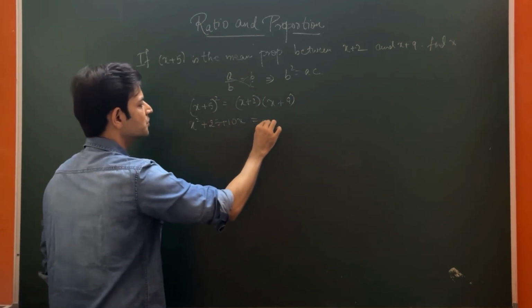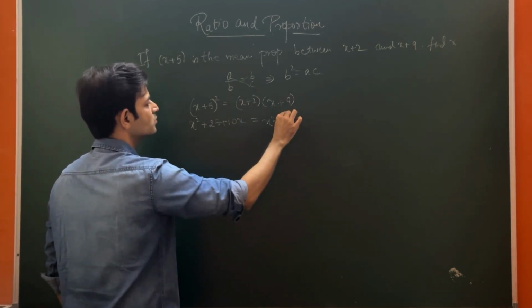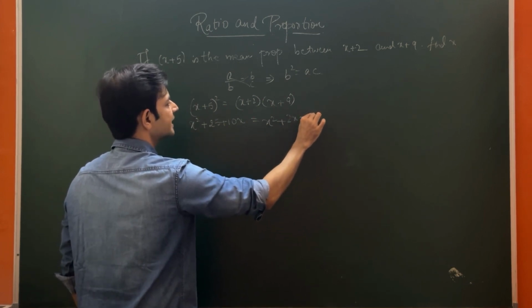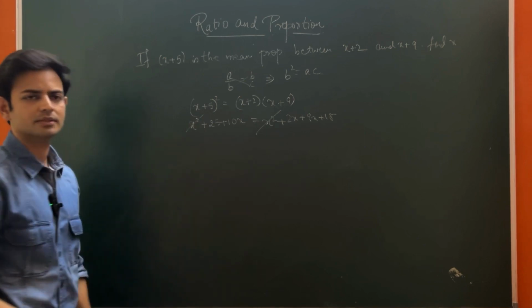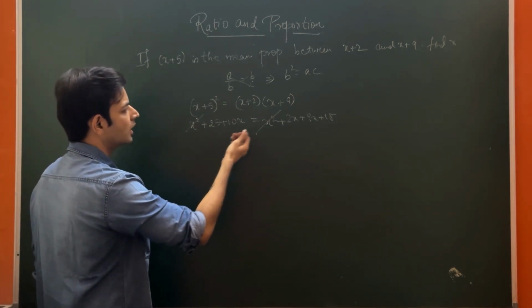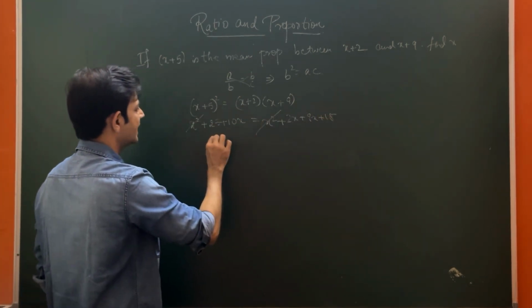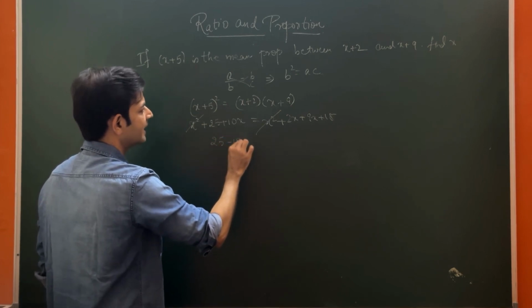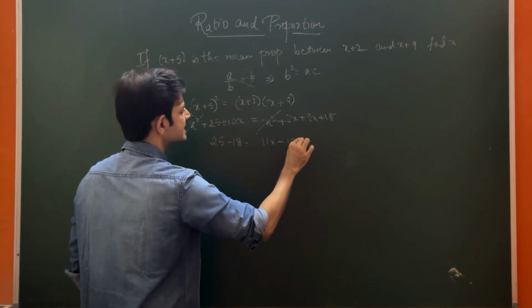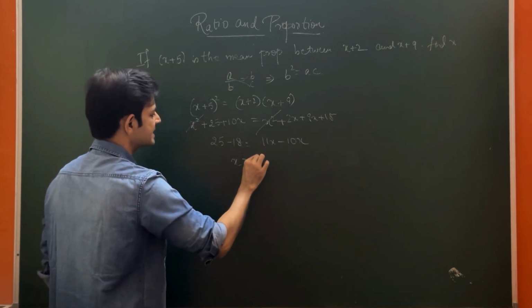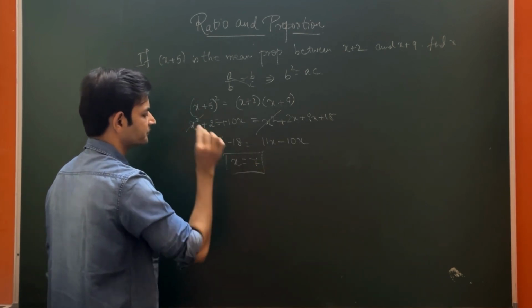This is equal to x square plus 2x plus 9x plus 18. X square you can strike off. So 18 comes on this side, 25 minus 18 is equal to 11x minus 10x. So x is equal to 7.